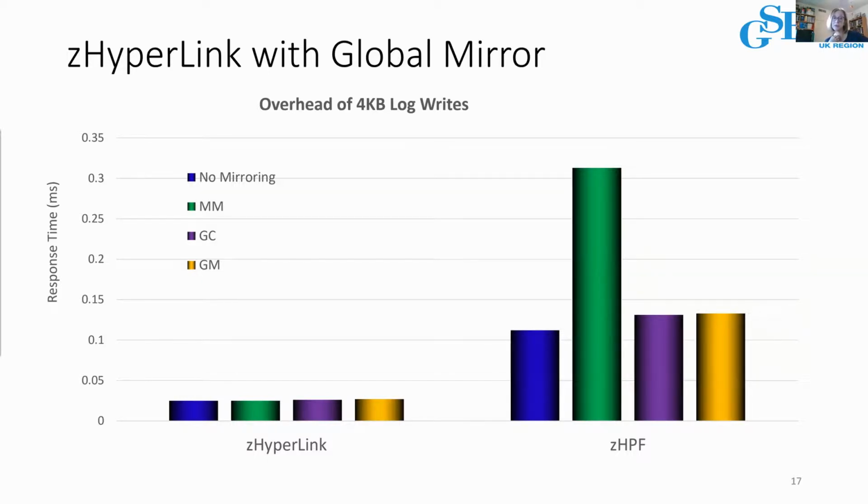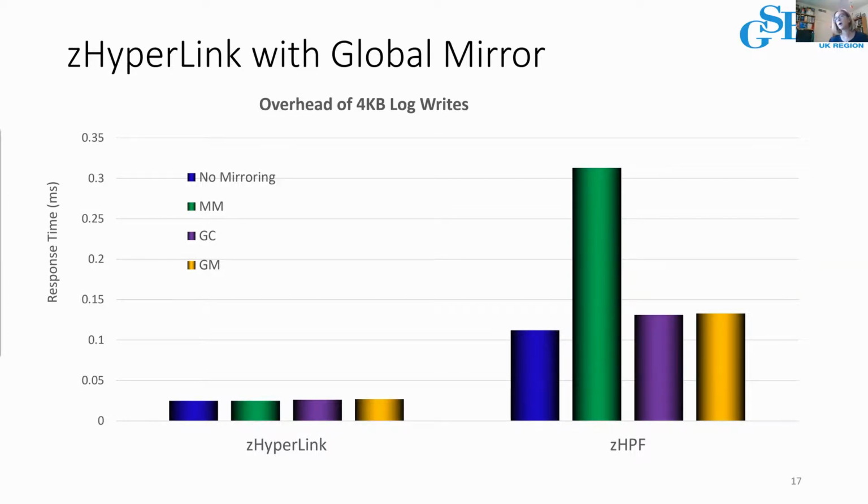I think it's important to note that the high performance FICON chart shows in a way why hyperwrite is so key, with the green being the metro mirror. That is metro mirror without hyperwrite, so there is no software mirroring occurring with that.